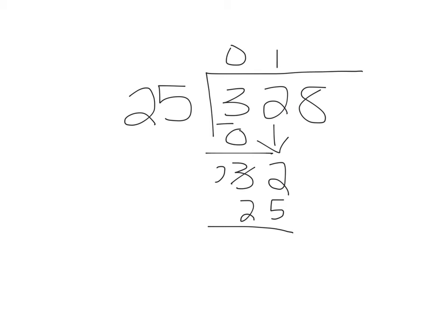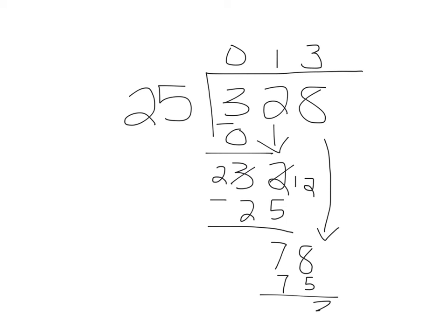Change that to a 2. This to a 12. I end up with 7. I bring down my 8. And I know that 3 times 25 is 75. So I'm left with 3. So 13 with a remainder of 3.